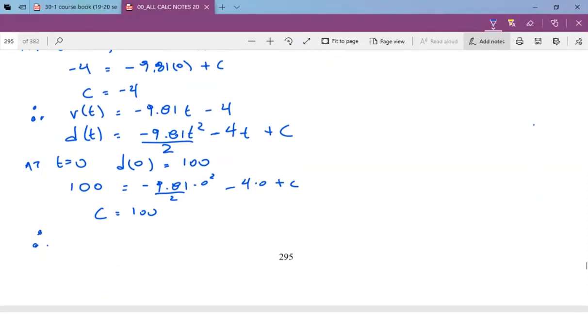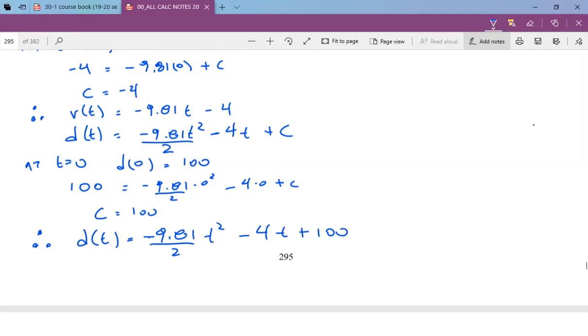So therefore, we end up concluding the displacement function is negative 9.81 over 2 t squared minus 4t plus 100.